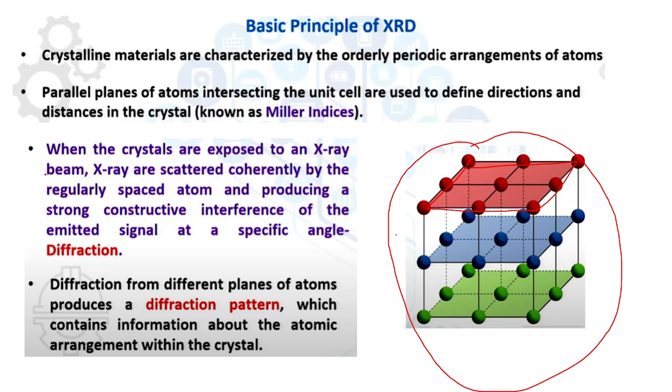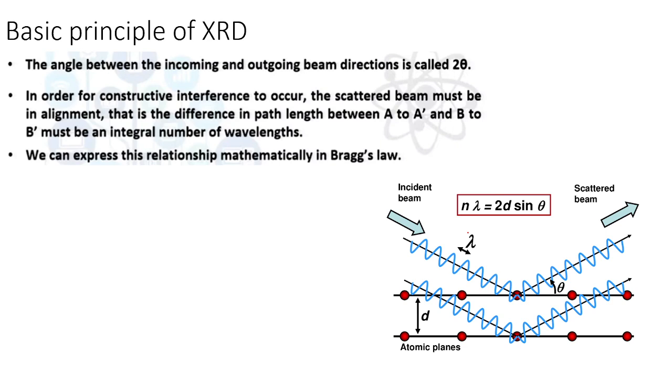There are many different planes, arranged in different orientations, so it will form a diffraction pattern which contains information about the distance between the planes and the arrangement of the atoms within a crystal. The angle between the incoming and outgoing beam direction is called 2 theta.